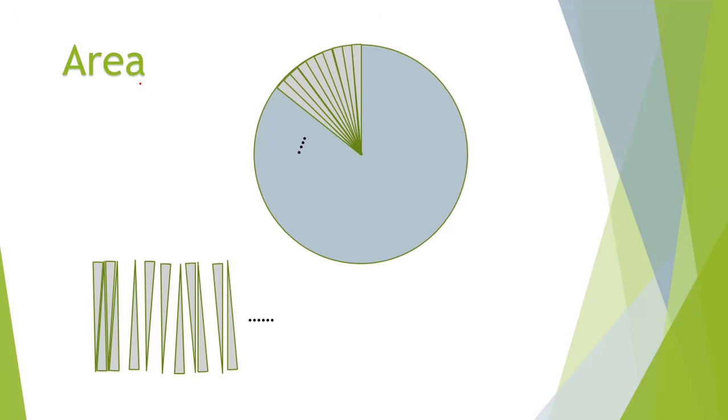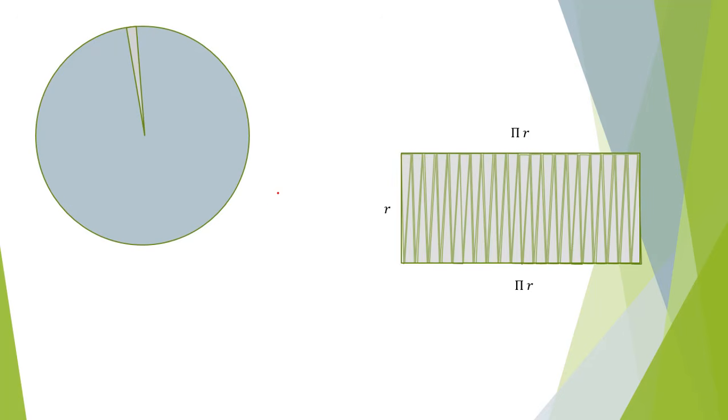What is the formula for the area of a circle? If you divide a circle into thin slices, and then take all these slices and line them together and join them, let's see what shape we get. If your slices are very thin and you put all of them together, then you can see that they would form a rectangle.